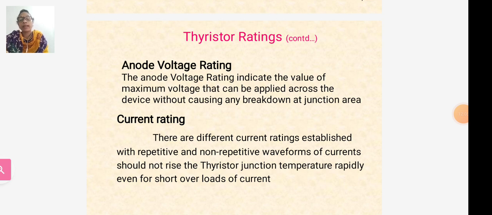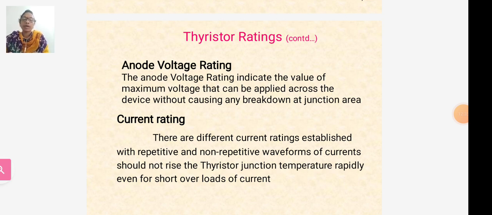It is the maximum rate of rise of anode voltage that will not trigger the thyristor without any gate signal. If the rate of rise of anode voltage is higher than the specified maximum value, the thyristor may switch from off state to on state.